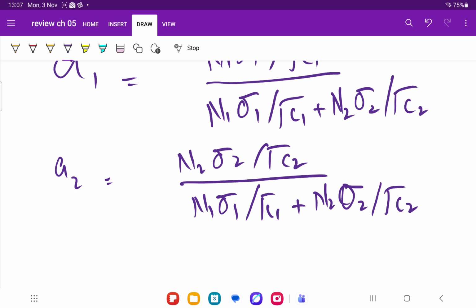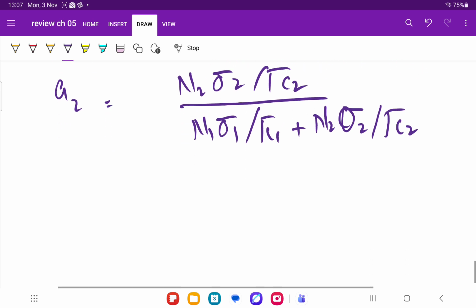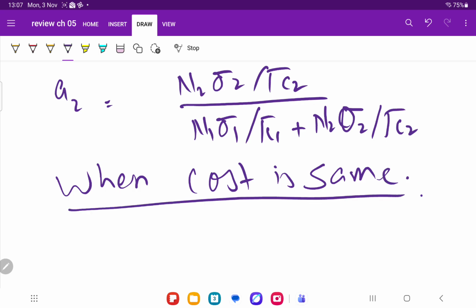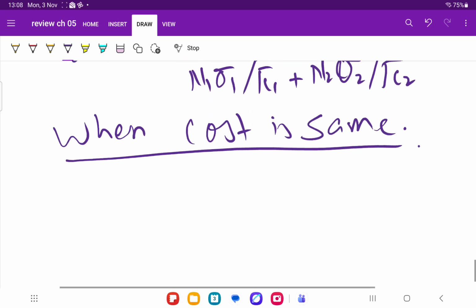So when the cost is the same, for example if it is mentioned in the statement that the cost is the same, what we do is delete the cost factor from the numerator and the denominator.